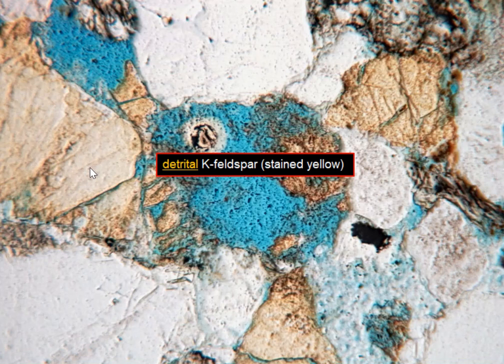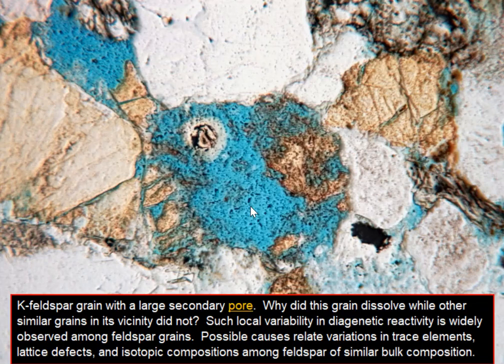And notice there's not as much cleavage to work with, but there is some cleavage to work with. And you can see how it is angular in some places and has broken. Okay, this used to be a K-spar that I'm outlining with the cursor.